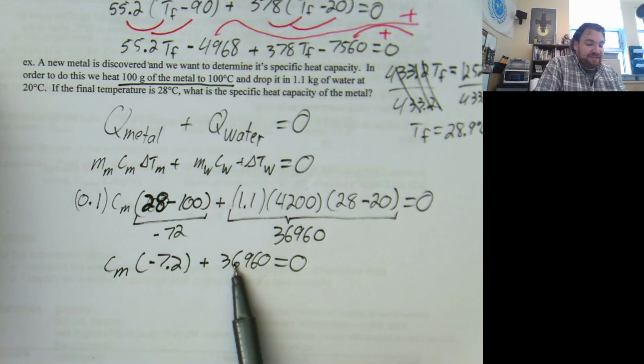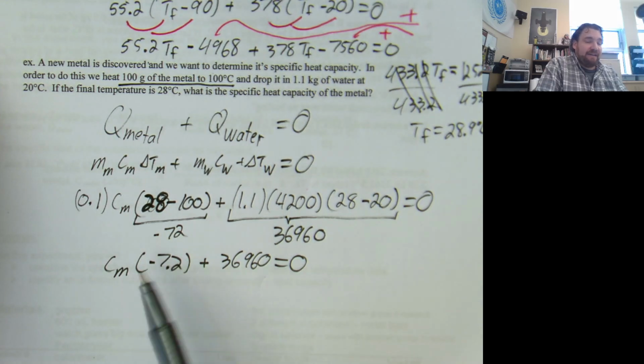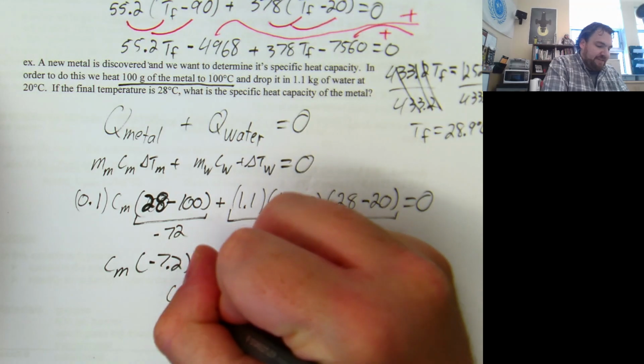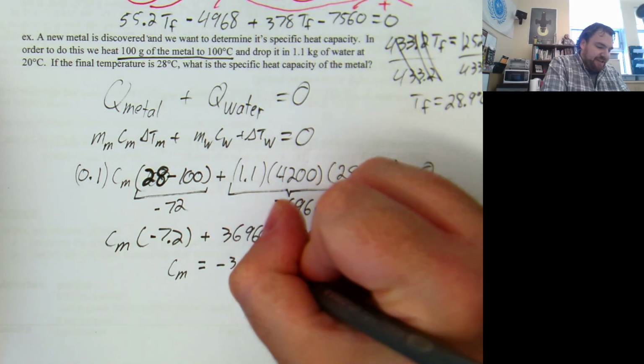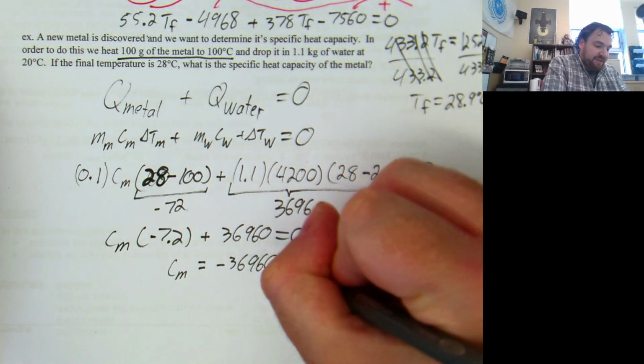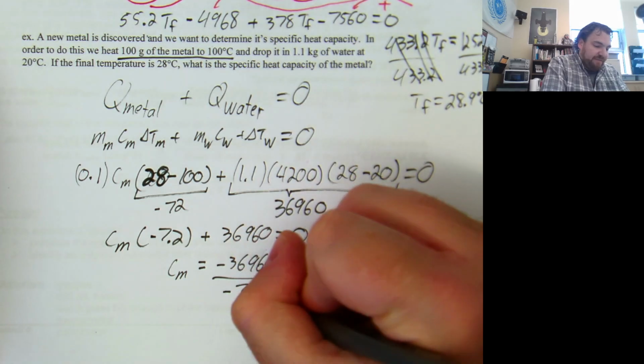We're going to subtract this over, and divide by that. So the specific heat capacity of the metal is going to equal negative 36,960 divided by negative 7.2.